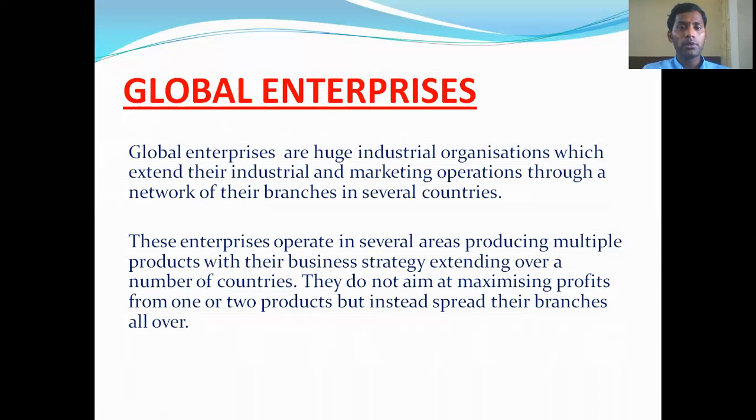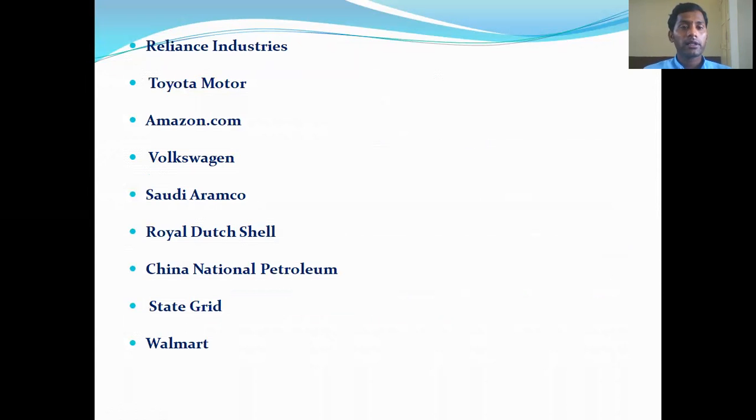Look at some examples of global enterprises. Look here: Reliance Industries of Mukesh Ambani. Then Toyota Motors, so famous. Then Amazon.com, Volkswagen, Saudi Aramco, Royal Dutch Shell, China National Petroleum, State Grid, then Walmart of America.